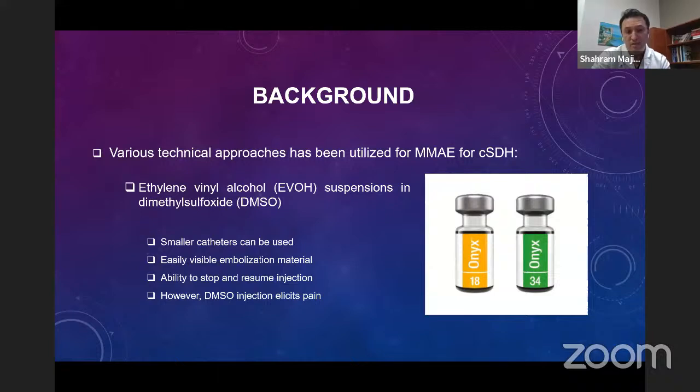They're easily visible, so we can see where the embolic material is going, and we can stop when we see it going toward the dangerous anastomoses. However, DMSO injection is painful for the patient, and most of the time we need to do Onyx injection under general anesthesia.